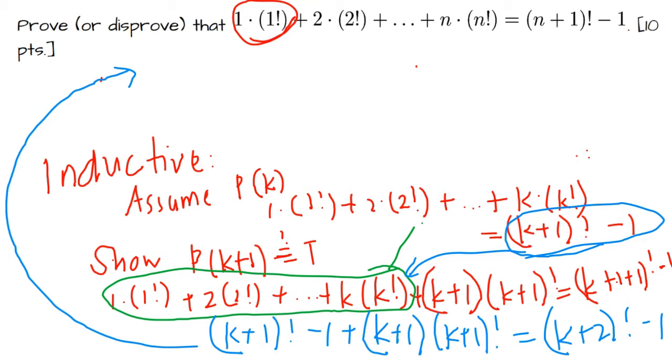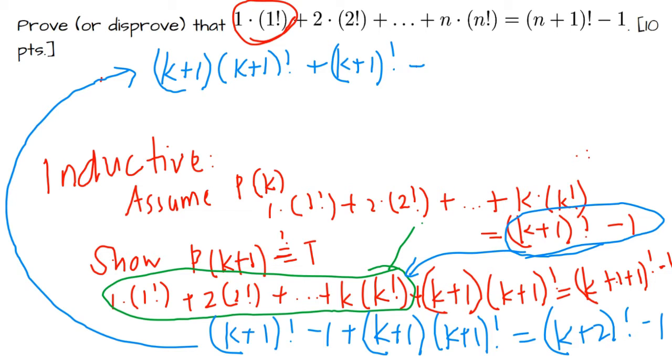Rearranging, I will have, say, (k plus 1) factorial plus (k plus 1) factorial. I did not do any manipulation yet, just rearranging the terms, minus 1, is equal to (k plus 2) factorial minus 1.